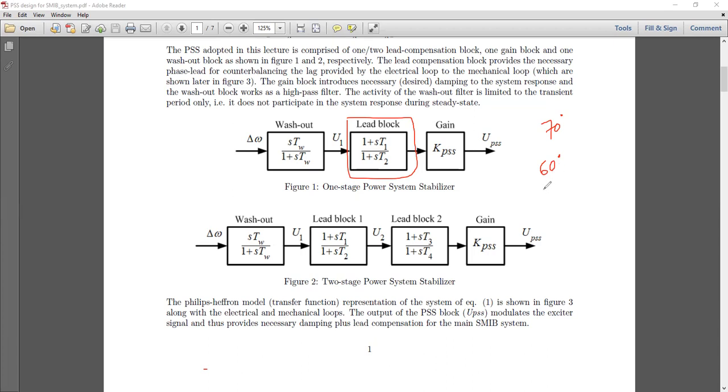There is a certain standard for that. Let's say the maximum lead that can be covered by a single block is 60 degree. However, you find that for your system, the lag introduced by the electrical loop is beyond that 60 degree. So let's say it is 70 degree or 80 degree, something like that. In that case, you have to go for two blocks and so on.